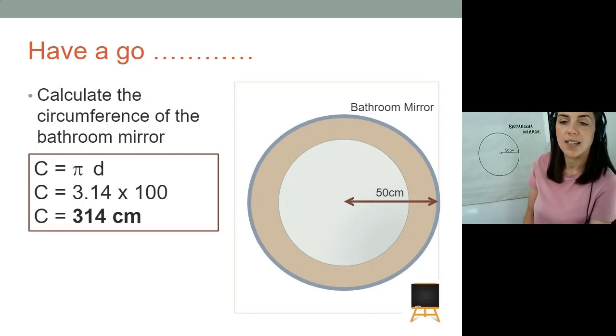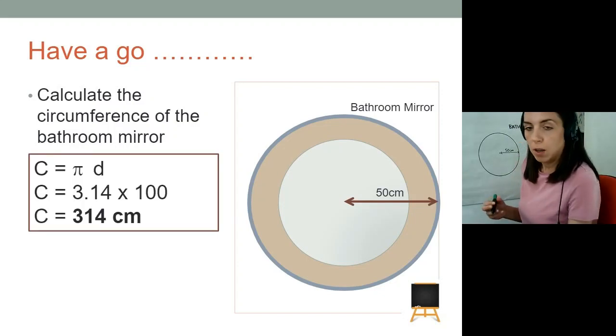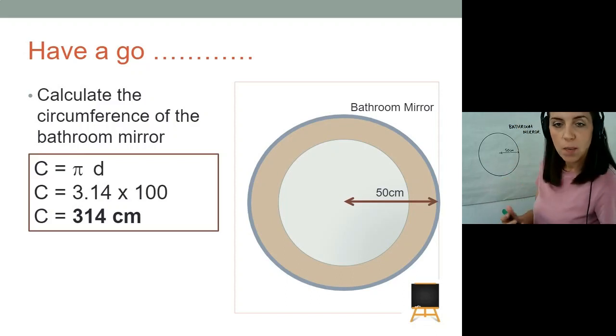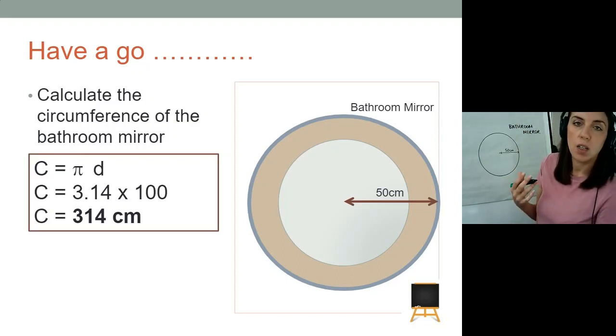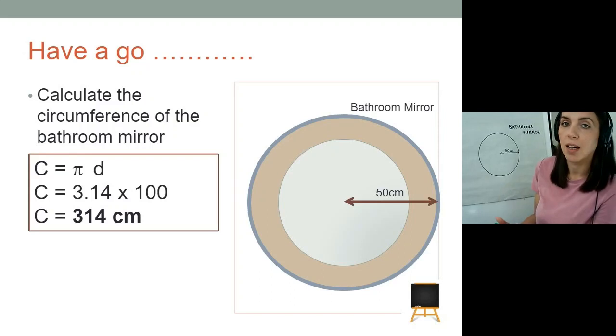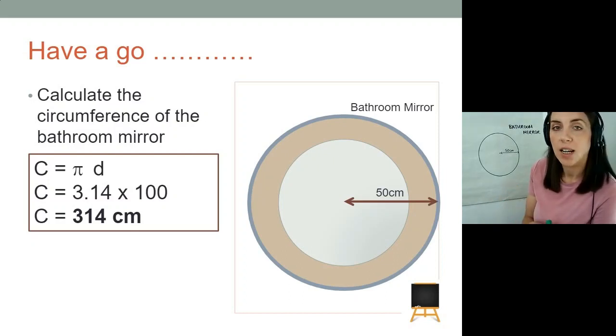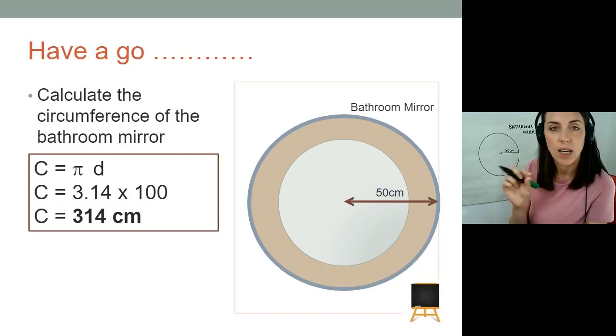I've used pi d as the example here. But again, this question could come up in your non-calculator paper or your calculator allowed paper. You can get questions on circumference, area, volume, perimeter in your non-calculator paper or your calculator allowed paper. The difference would be the numbers used.